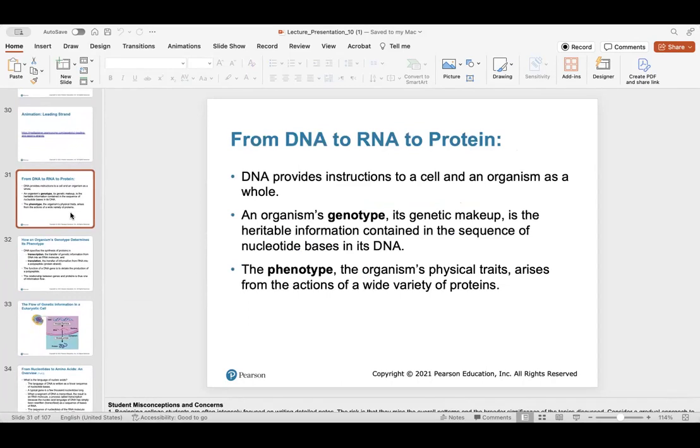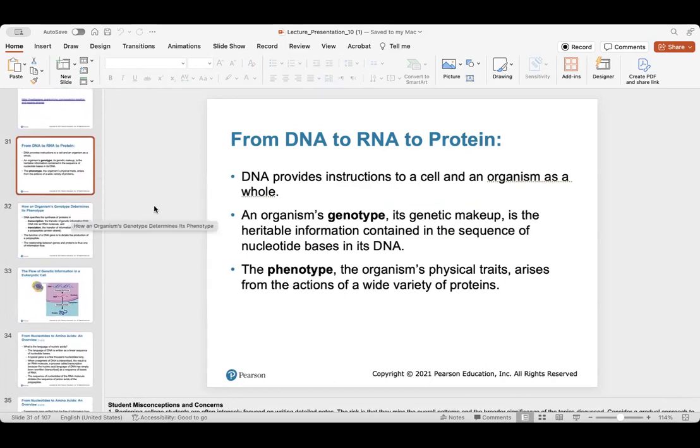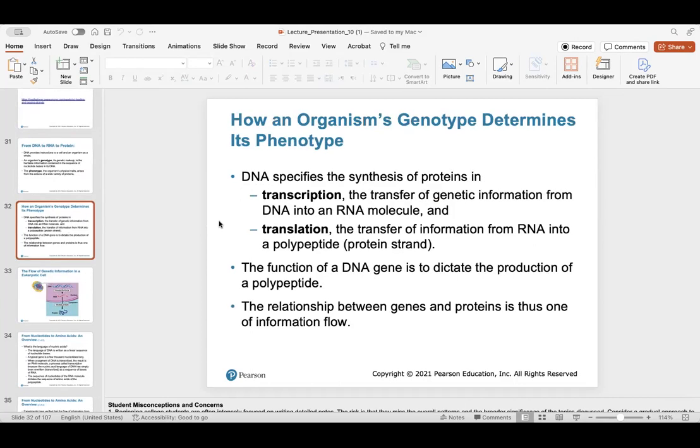From DNA to RNA to protein, then, this talks about the sequence of how we go from the instructions that DNA provides to a cell and an organism as a whole. The organism's genotype, or the genetic makeup, is the heritable information contained in the sequence of nucleotide bases in its DNA, and the phenotype, the organism's physical traits, will arise from the actions of a wide variety of proteins.